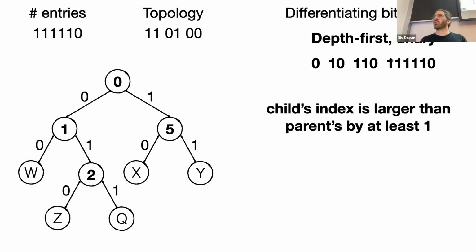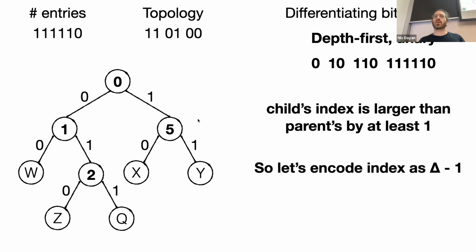In fact, we can optimize this more. You can observe that the differentiating bit offset for a given trie internal node is strictly greater than the offset of its parent. So you might as well just encode the difference between them.